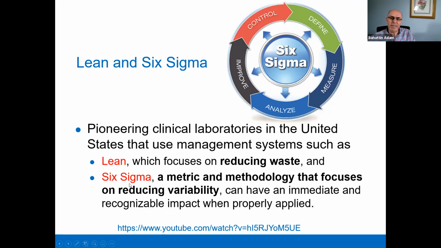And Six Sigma, as you see in these diagrams, is to define your goals, objectives, and the procedure that you are performing in the lab, and then measure what you are doing, analyze your data, assess your procedure, and then if needed, improve them, and then control all the results.